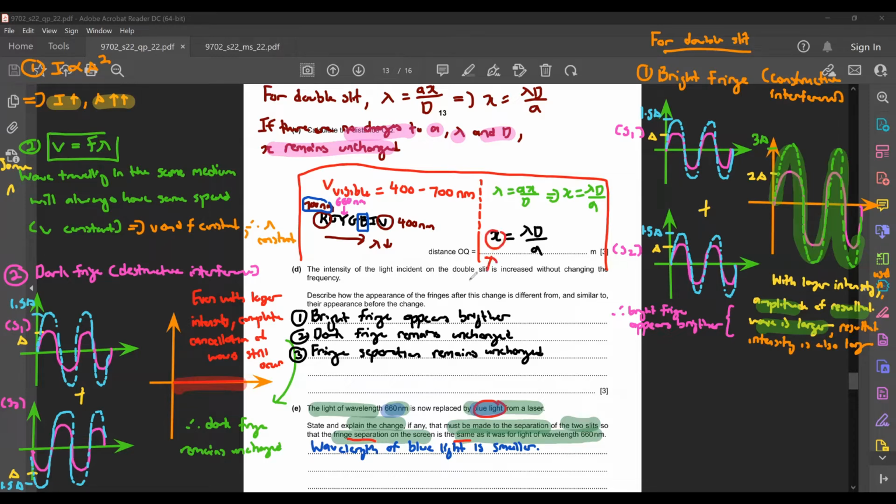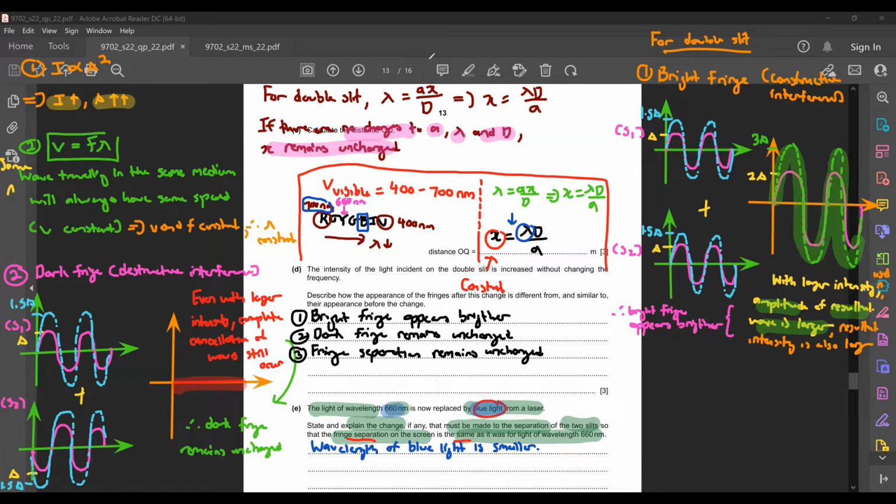You want x to become constant. So if this one is constant, this one must remain constant. But right now, this wavelength is smaller. You need to make sure that whatever changes you make ensures that your fringe separation is the same. The change that you make must be opposing the wavelength decrease.